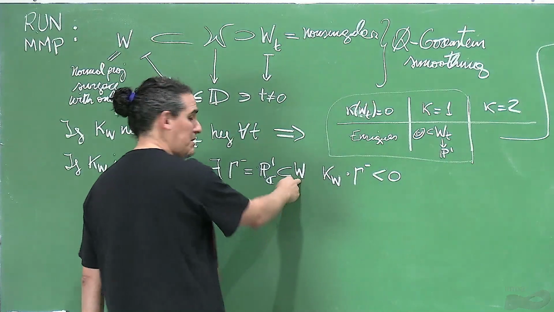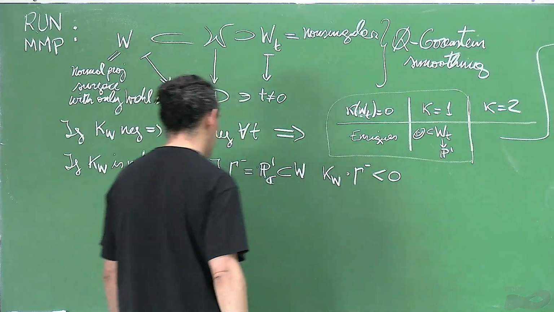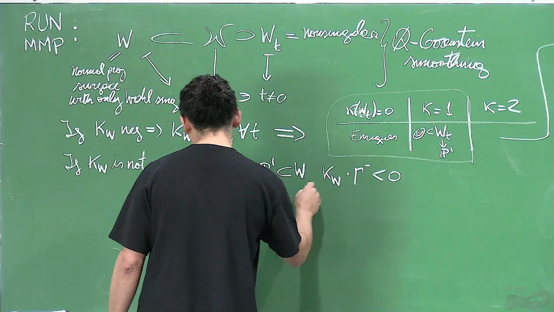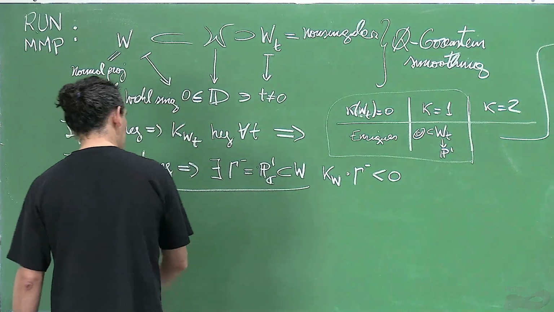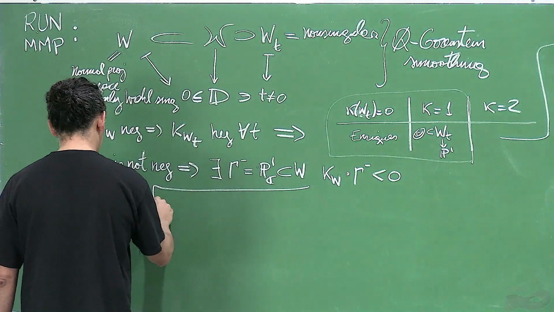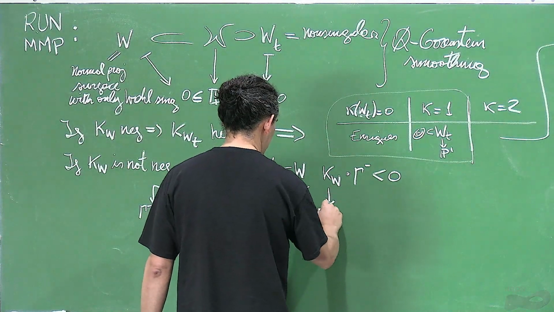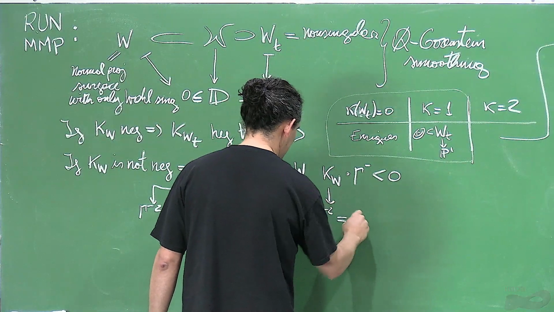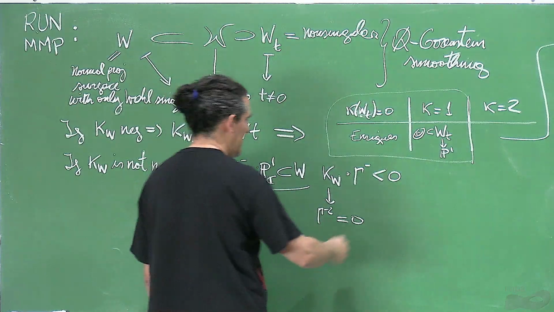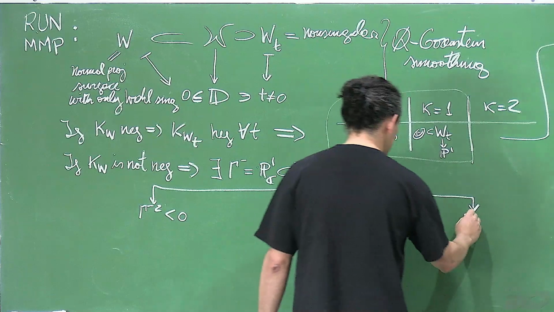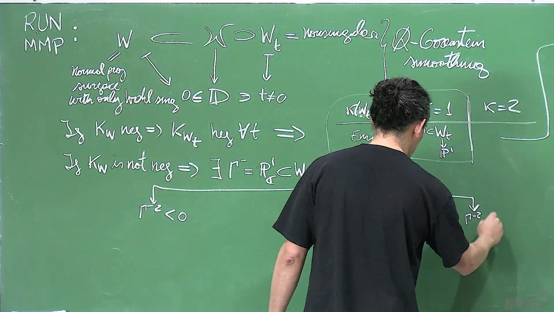Remember that this is singular, so this is a negative rational number. And then you have options. So one option is that this gamma minus square is negative 2. The other is gamma minus square equals 0. And I will tell you what happens here. And this is going to be the main topic today, what happens when gamma minus square is positive.